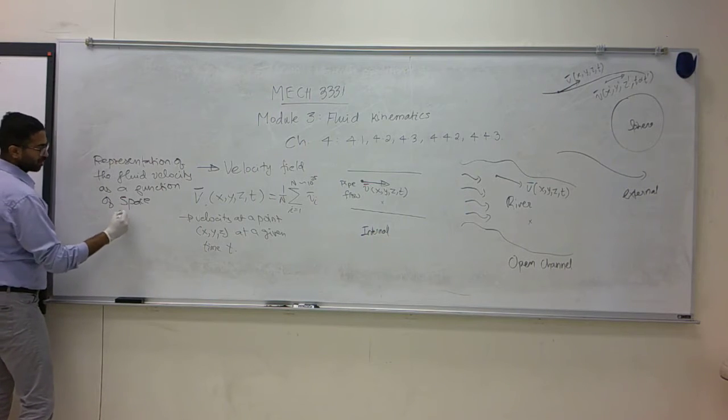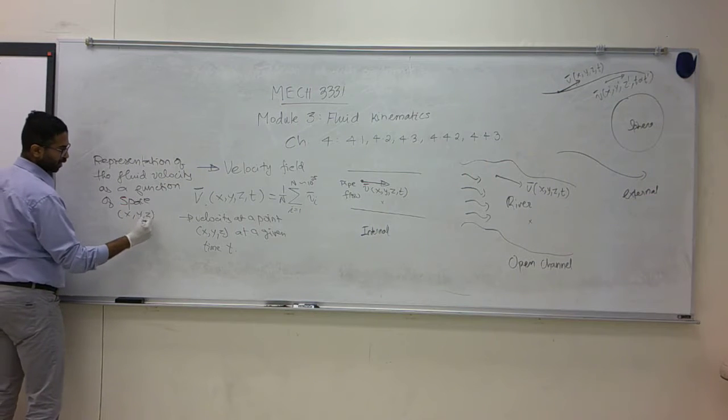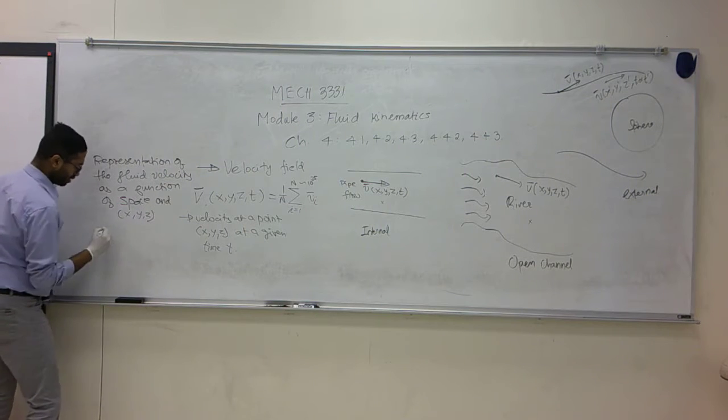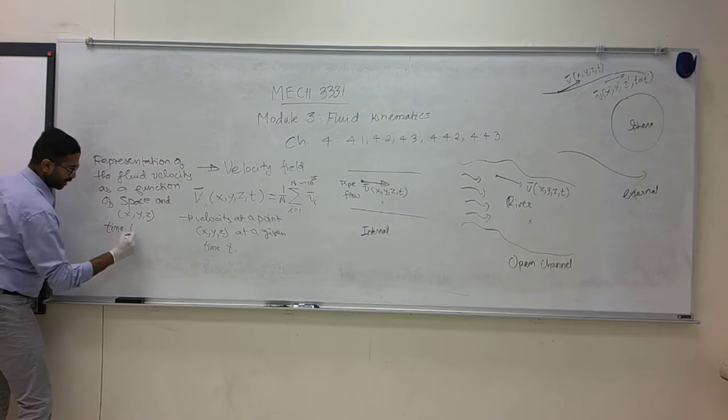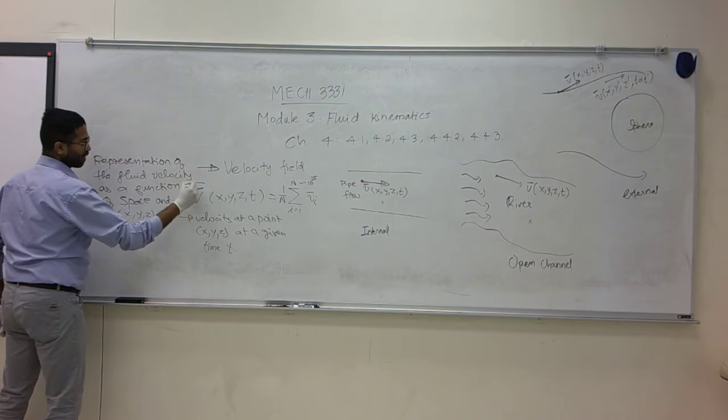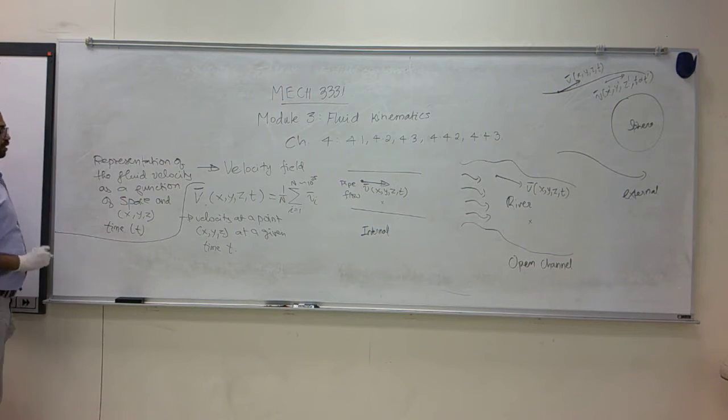The space is denoted with the Cartesian coordinates x, y, z, and time t. So the velocity field is a continuous function of position and time used to denote the velocity.